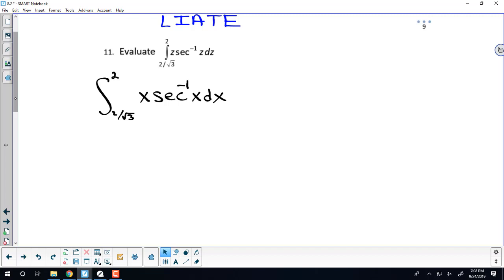Yeah, but then you're going to integrate that. Why don't you just do it like this? But I don't want to integrate.